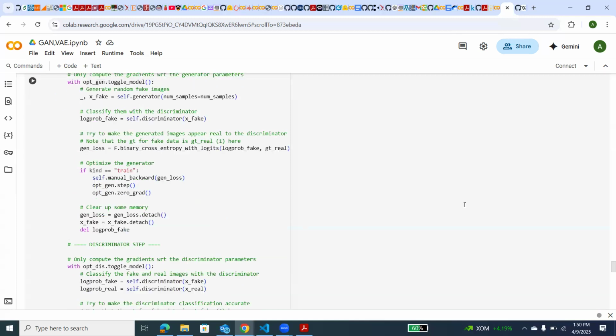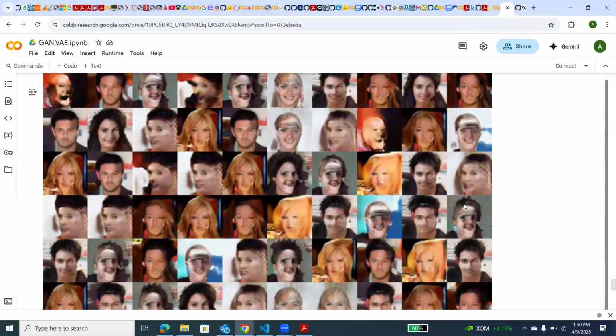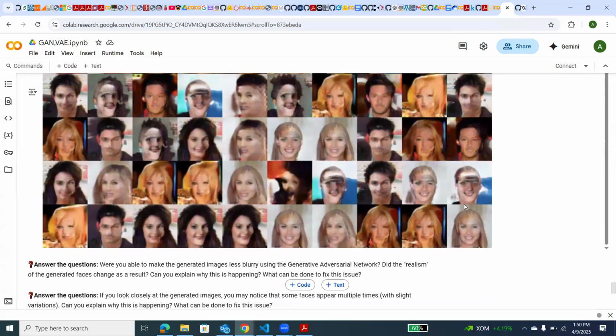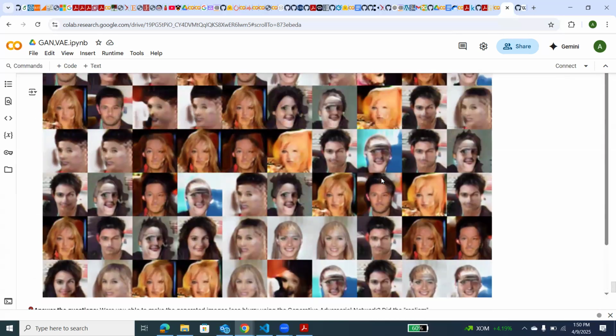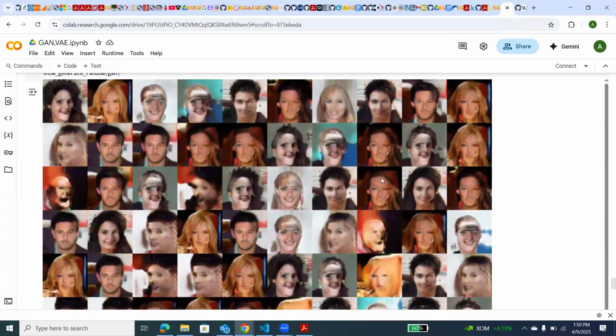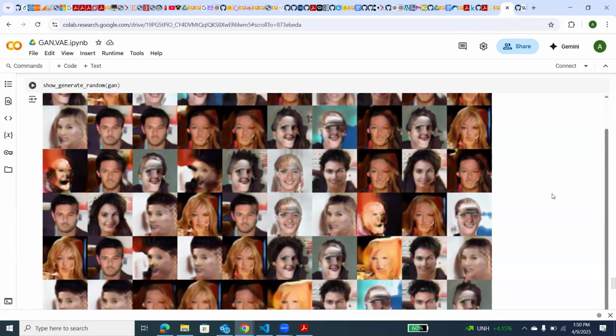I'm not going to talk about GANs, I will just show the results. If we use generative adversarial networks, the images look much sharper, but maybe less realistic, just because it wasn't trained enough. The main problem with images generated with GANs is that you can see the same face everywhere. So this is the difference between these two models.